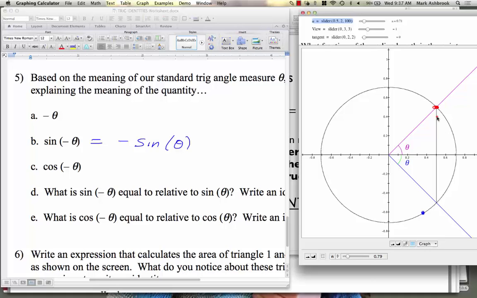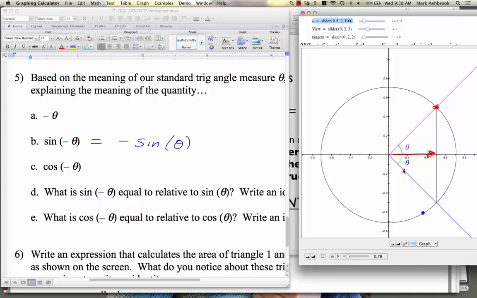What are you looking at? Yeah, the distance to the right of the vertical diameter. So you're looking at this coordinate right here, this length, to get the cosine of this angle.